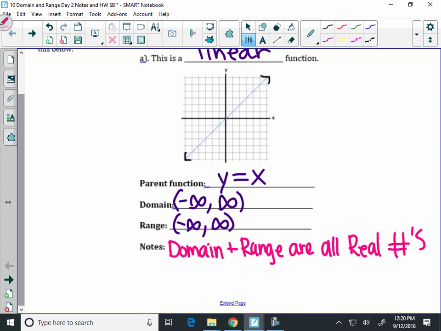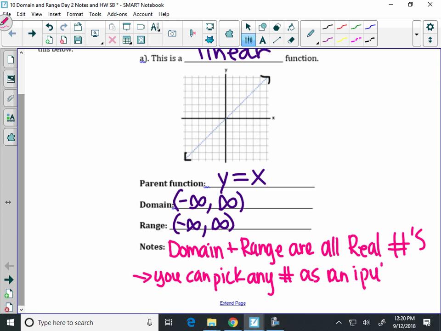But in terms of what we do in our class right now, that means that you can pick any number as an input. So you can pick any x you can imagine, 5,000,000,002 if you want. And then you can get any real number as an output.